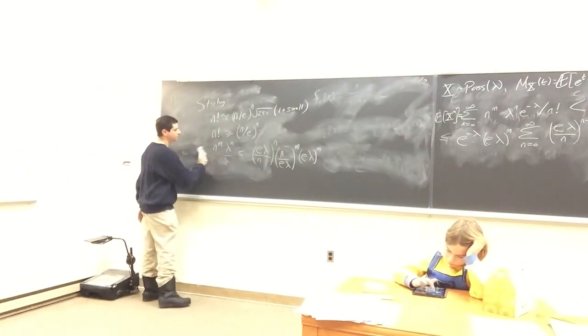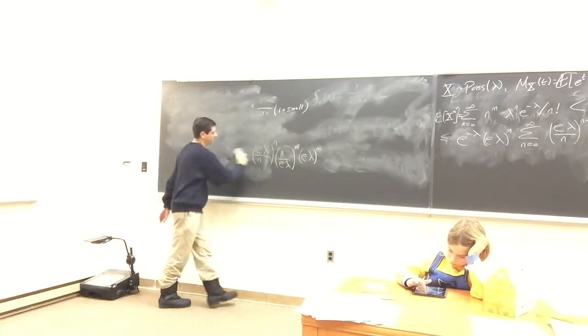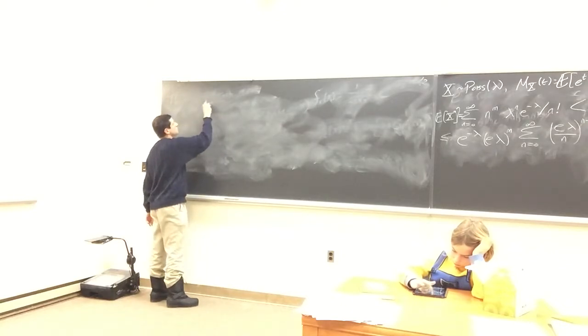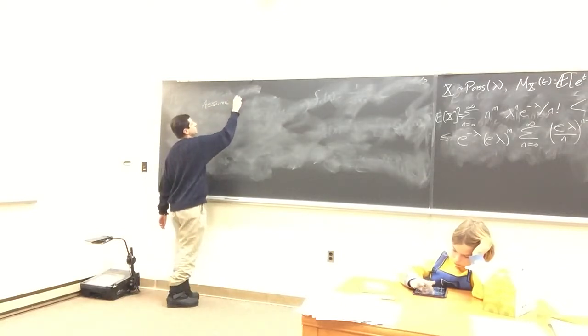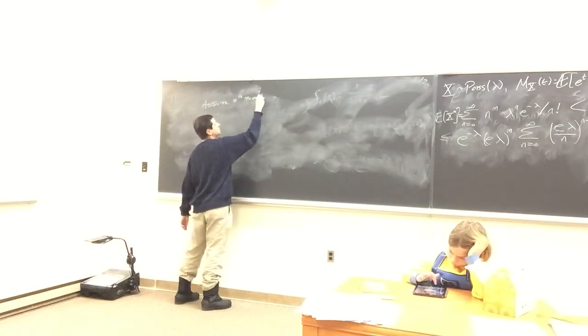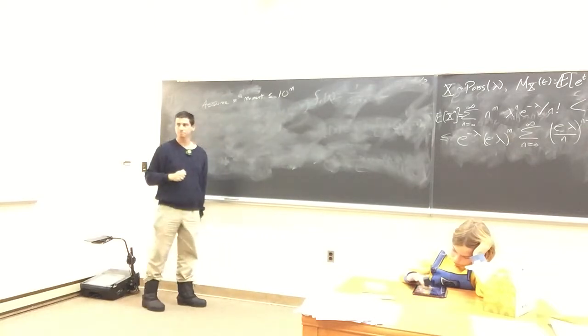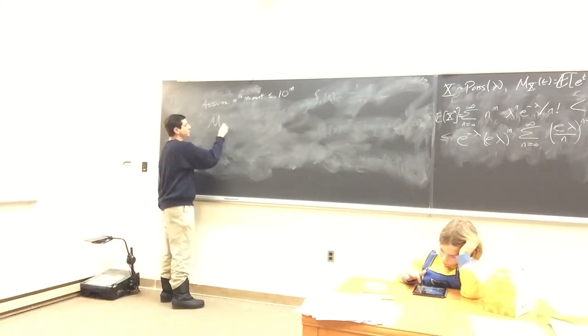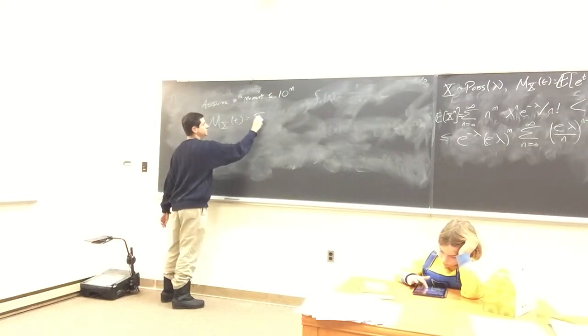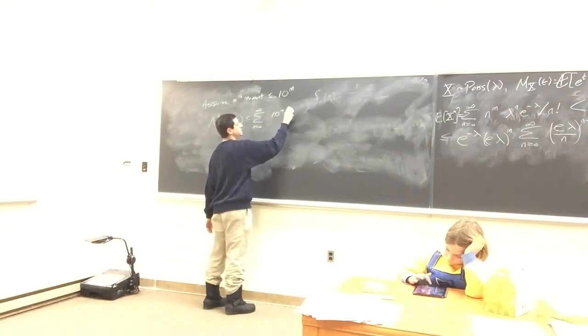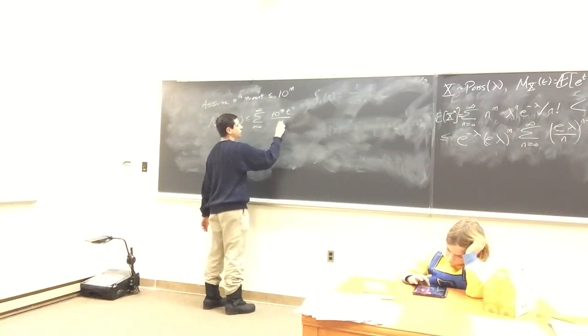I think we have a much better result, but let's assume the mth moment is less than or equal to 10 to the m. So if we look at the moment generating function at t, that's the sum from n equals 0 to infinity, and it'll be less than or equal to the sum of 10 to the n, t to the n over n factorial.